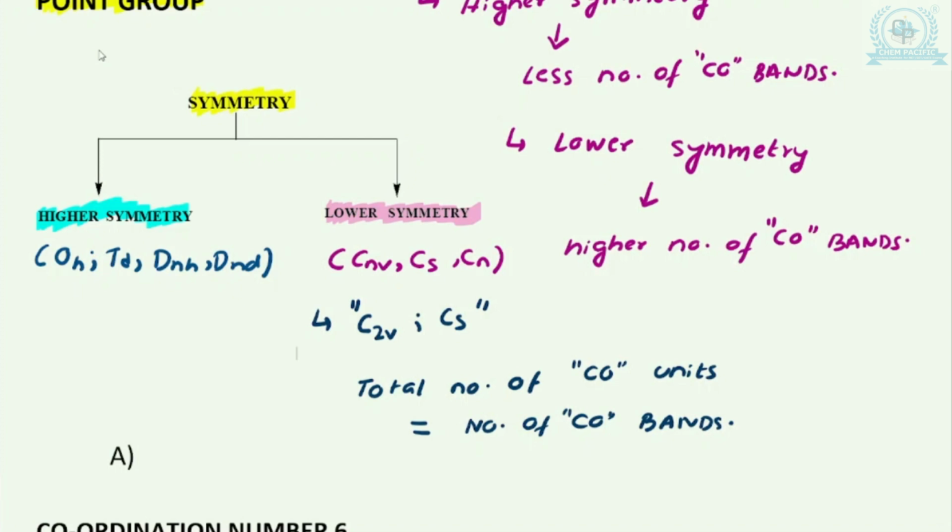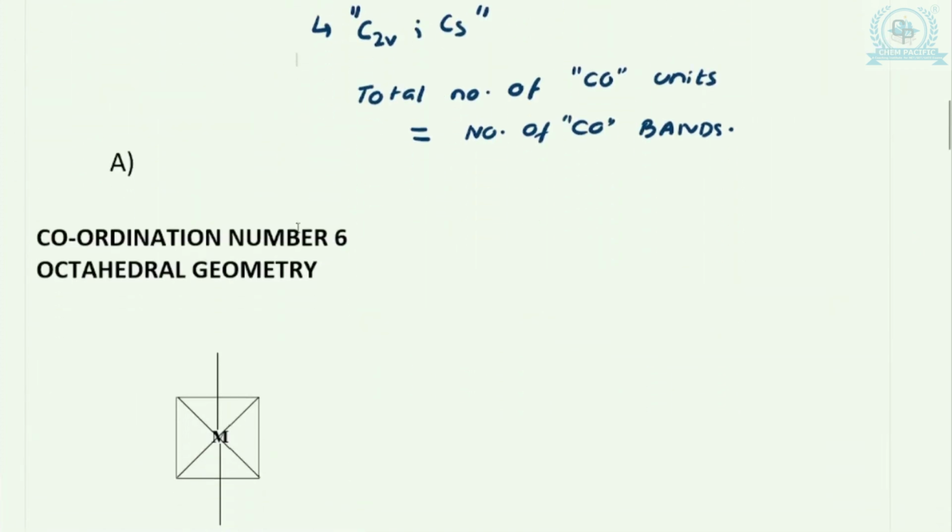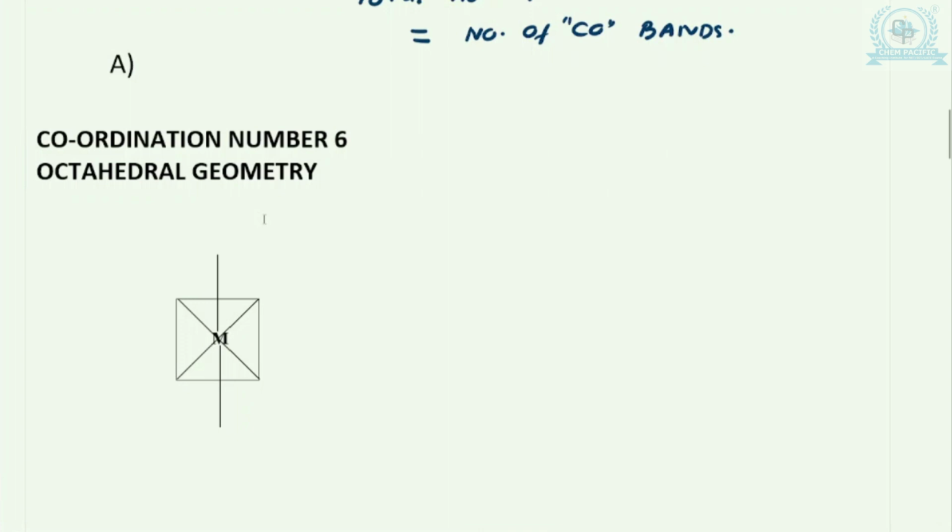So let me explain everything in detail. Let us start with the coordination number 6, that is the octahedral geometry. Let us start with the first example, the most symmetrical, in which all the CO ligands are symmetrical, all the bond angles are the same, and the adjacent CO ligands are symmetrical to each other.